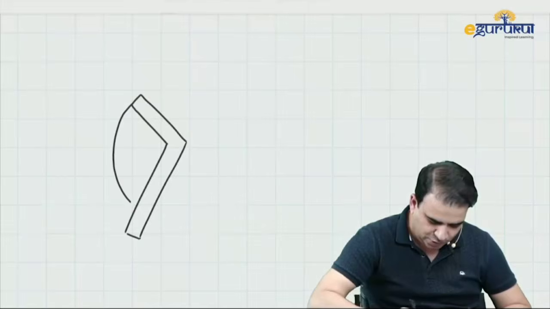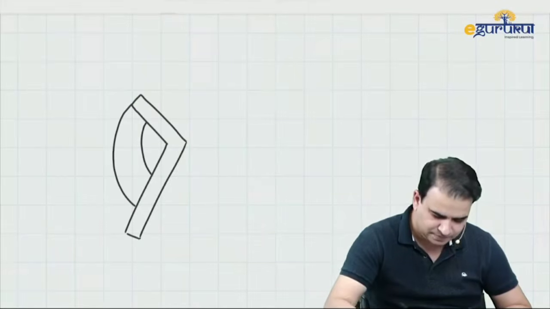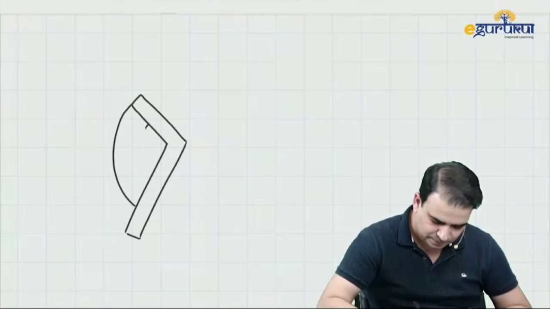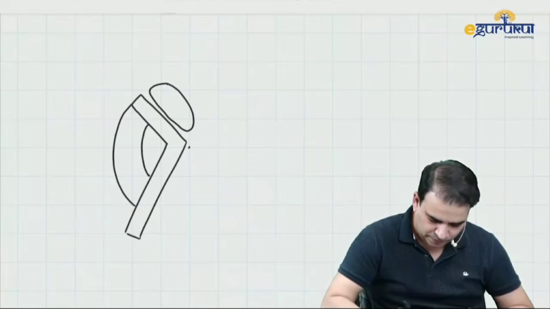That's the lentiform nucleus, and these are the two parts: we have putamen and this is globus pallidum. Here is the caudate nucleus, and the thalamus.